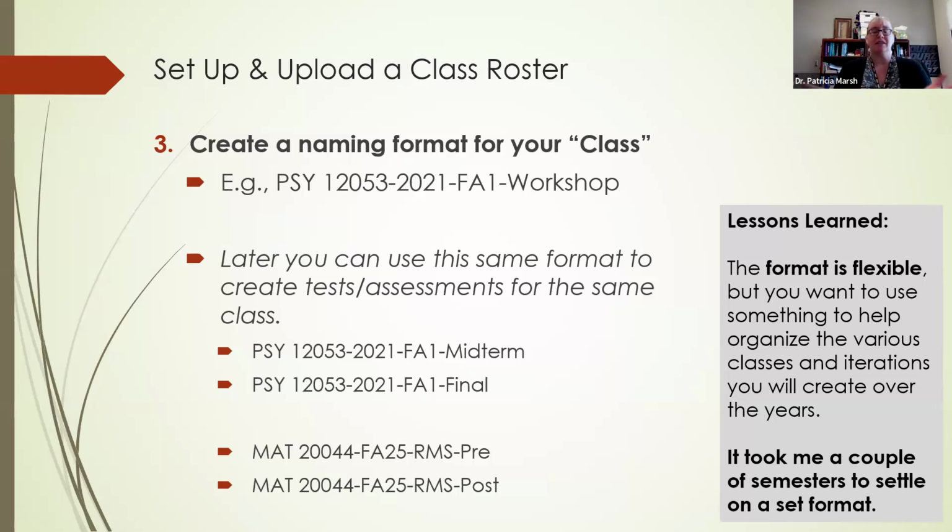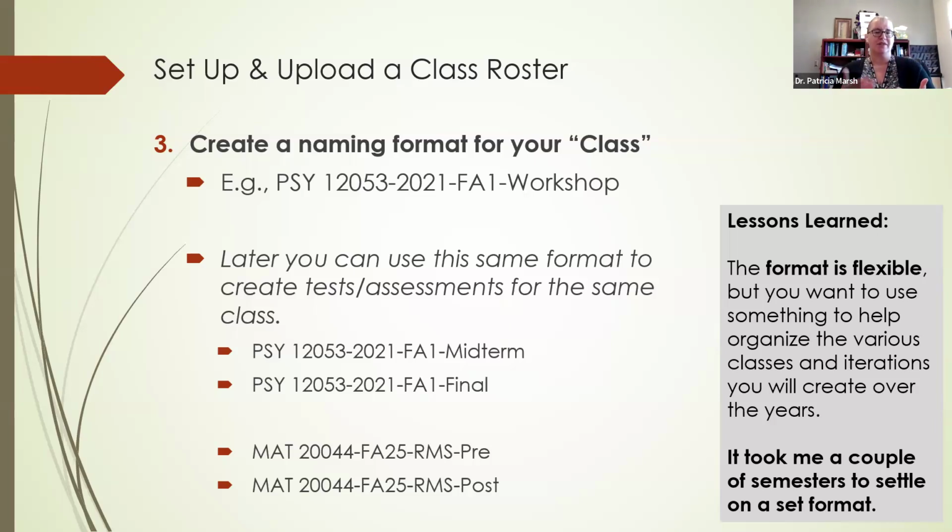Zipgrade allows you basically to use any format that you want in terms of labeling your classes. But I knew I was going to use this for every class, for every test across multiple semesters, if not multiple years. So the convention that I've been using for the last 2 years is I start with the course, I put in the year, I put in the section, and today I just added workshops.